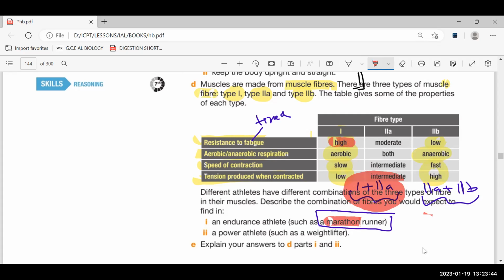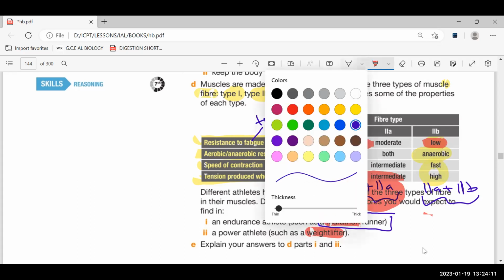I think marathon runners have this combination more, and power athletes and weightlifters should have this, because they are doing very fast activities for short durations. Their activities are of very short duration, so it doesn't matter that the muscle gets fatigued because it's very short.